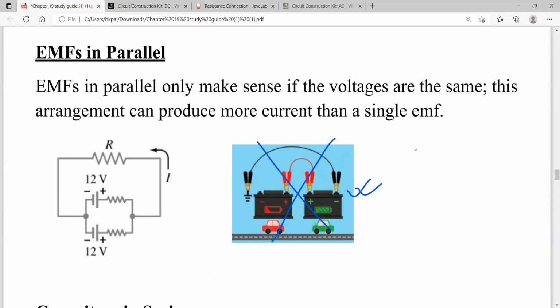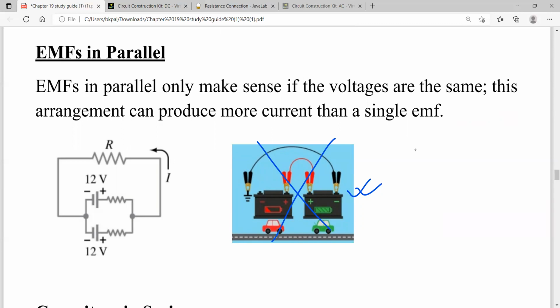Similar to resistances, you can also connect the EMFs in parallel. EMFs in parallel only make sense if the voltage differences, or the potential differences, are the same. And this arrangement can produce more current than a single EMF.